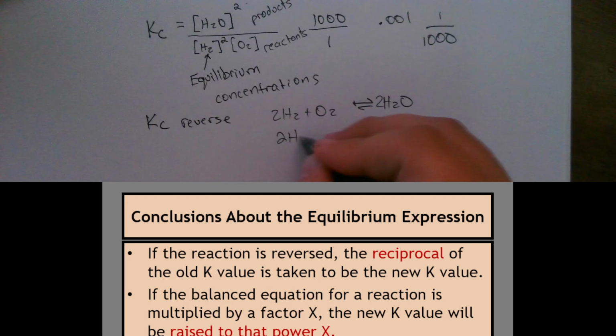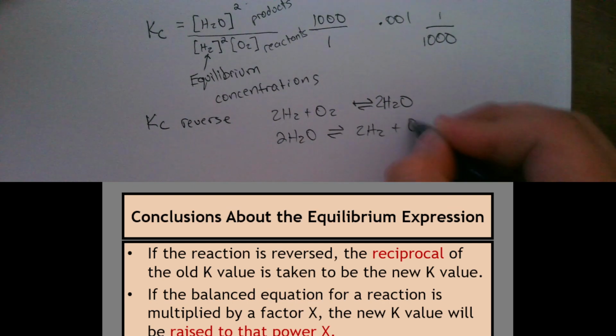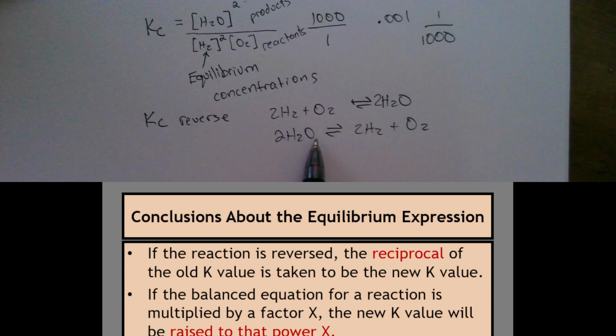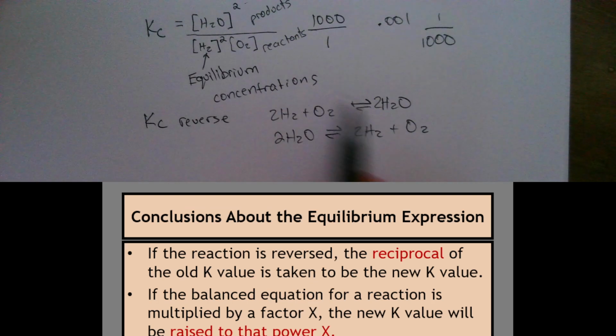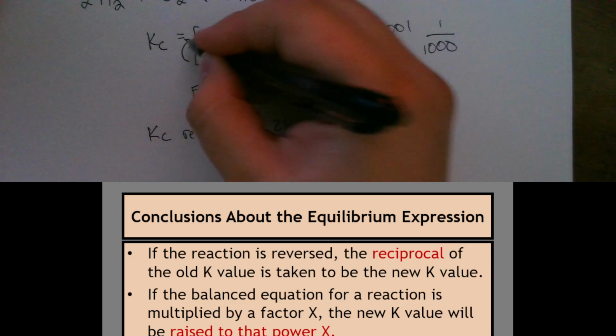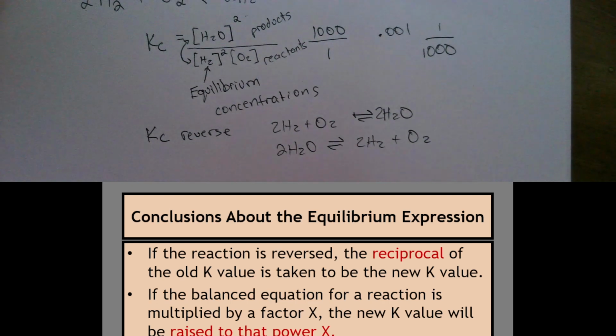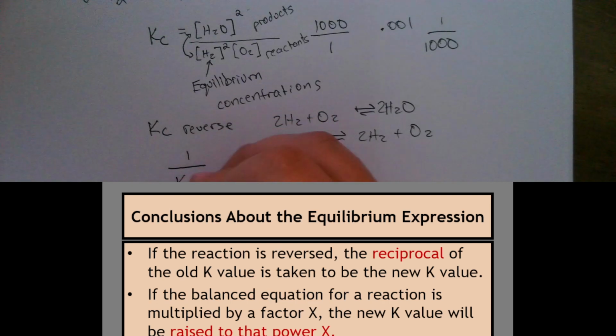I make 2H2O, 2H2 plus O2. If I write my equilibrium constant now, my products and reactants just swap sides. So when I write this, it's just going to be flipped. So the equilibrium constant of the reverse reaction is just 1 over the Kc of the forward reaction.